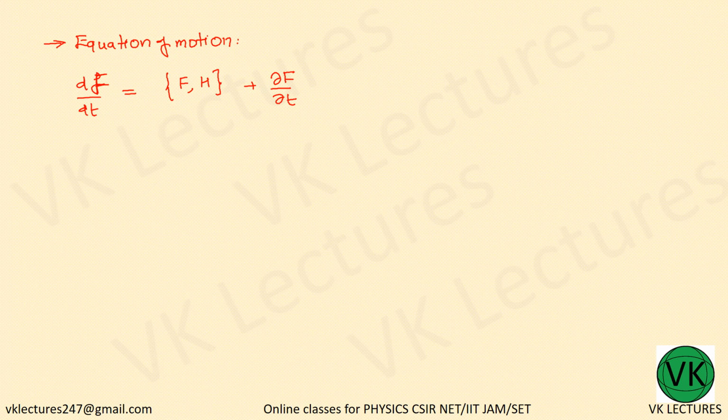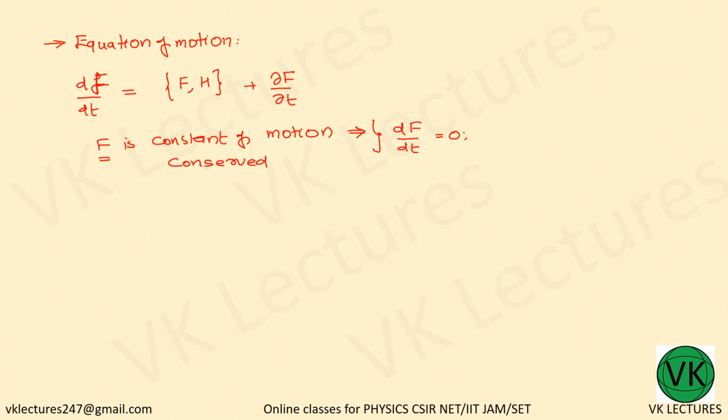Now when can we say that F is a constant of motion? When we say this is a constant of motion, it also means it is conserved. This can be said when dF by dt is equal to 0.